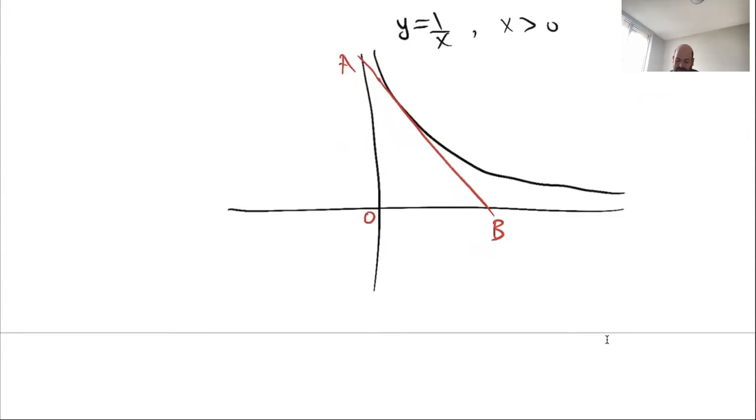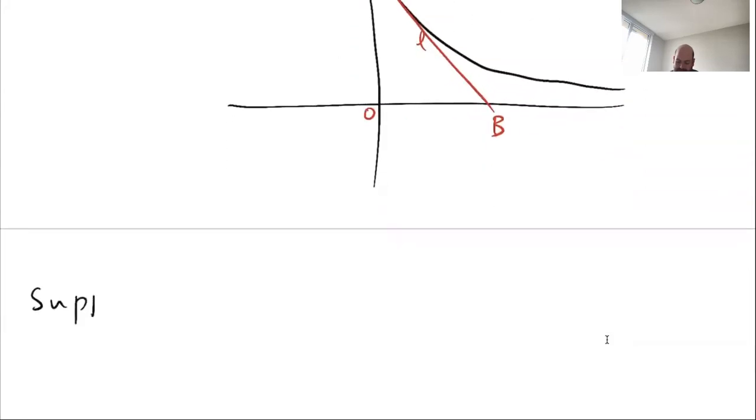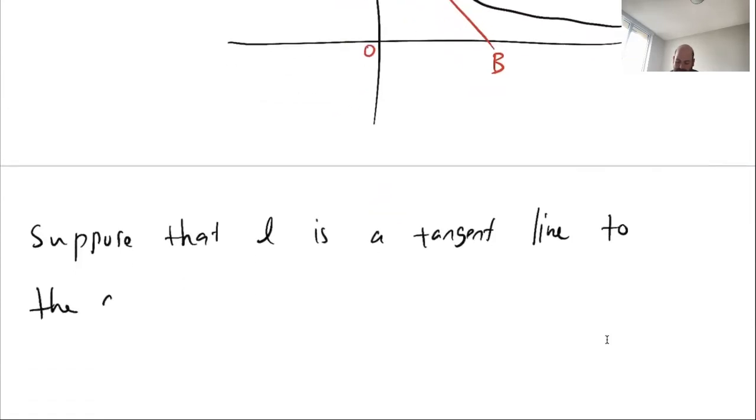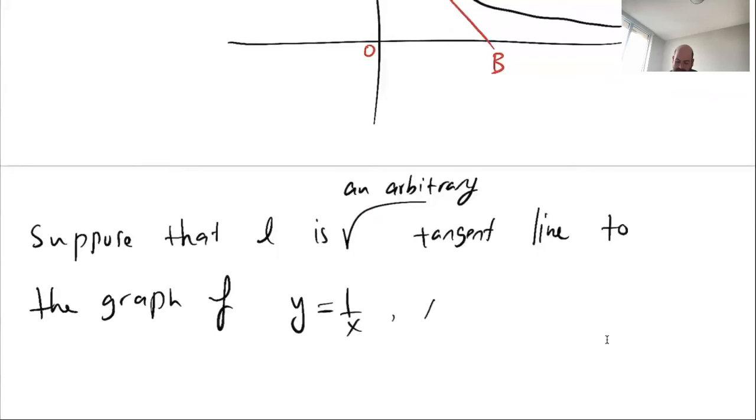So suppose that, let me call this one L, L is a tangent line to the graph of, is an arbitrary tangent line, basically, to emphasize, an arbitrary tangent line to the graph of y equals 1 over x with x positive.